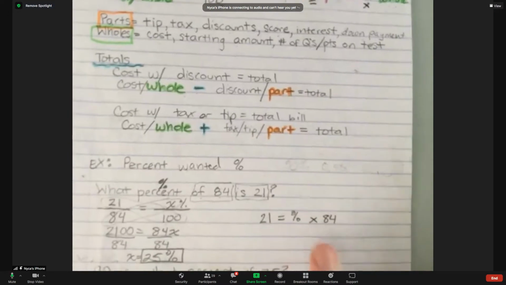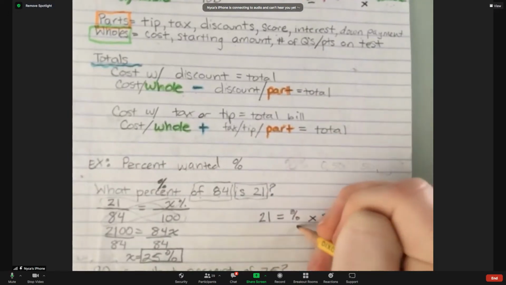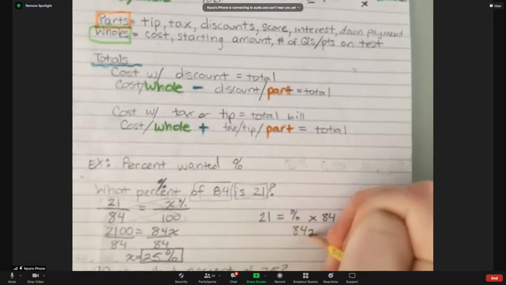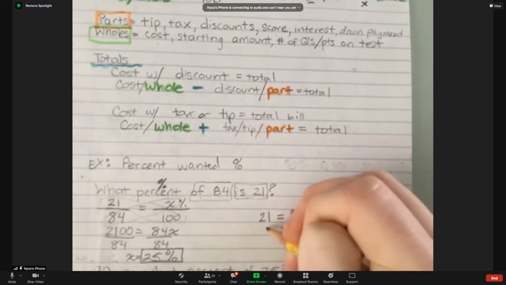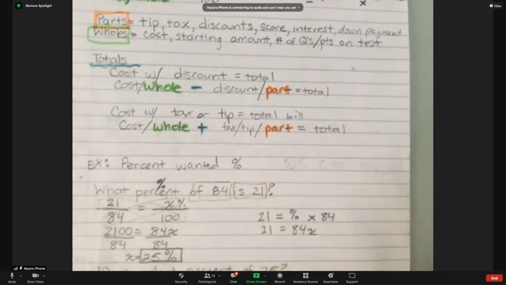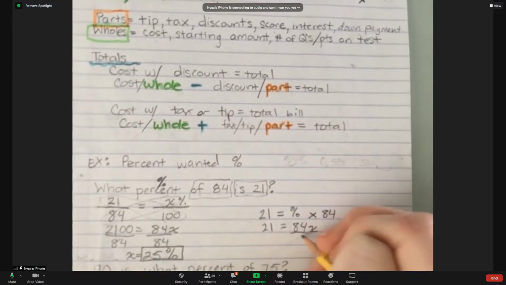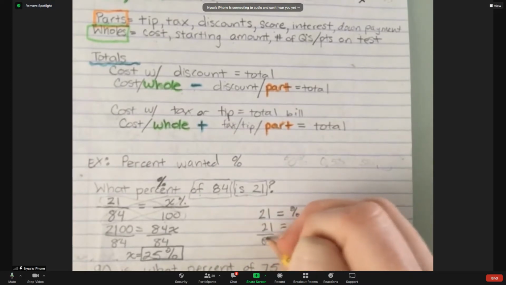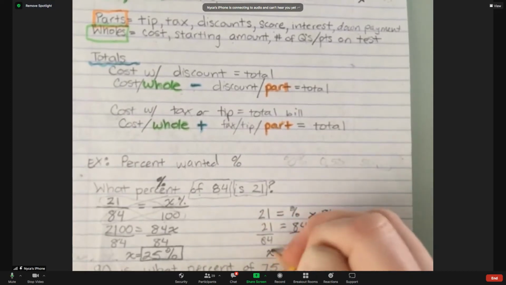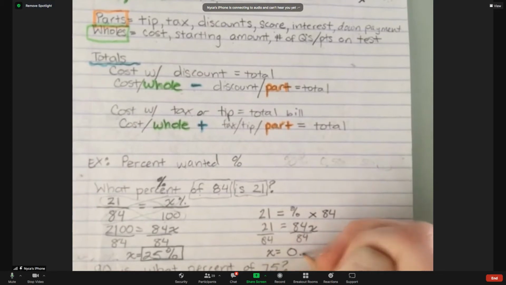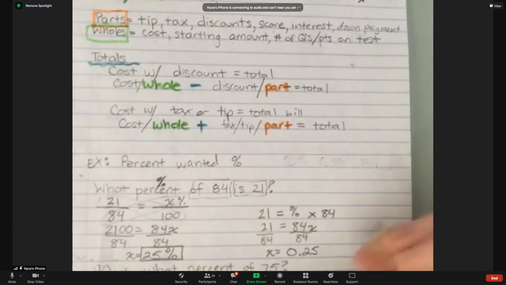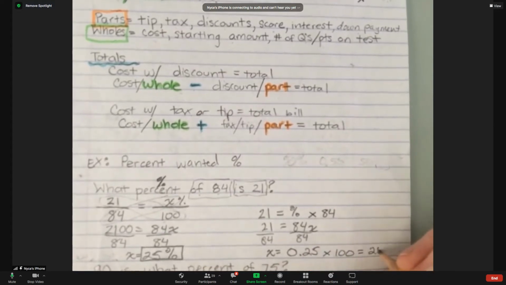So we know that that's where the variable goes. So then you have 84x equals 21. Now divide by 84, divide by 84. You will get x equals 0.25. Then you must times 100 because that is a decimal, and then that will get you 25%.